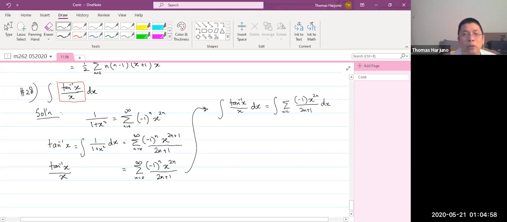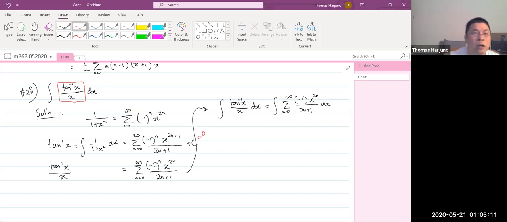n equals 0 to infinity. Actually, I need to be careful that it's supposed to be plus c here, but we found out that the c was 0. I hope you remember that. But don't forget the c. Make sure you deal with that.